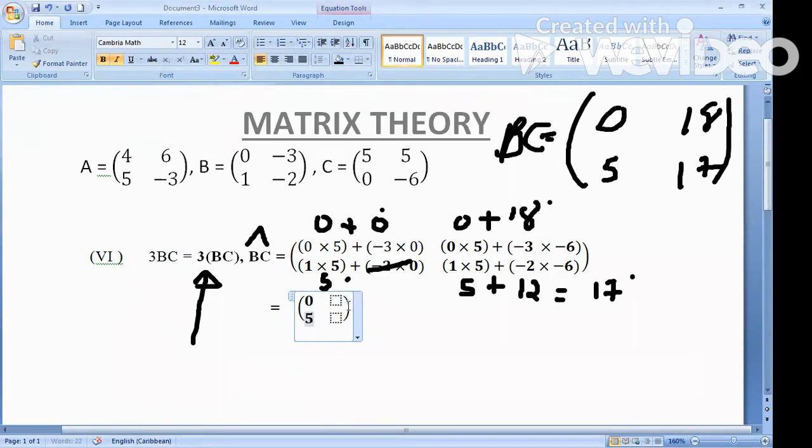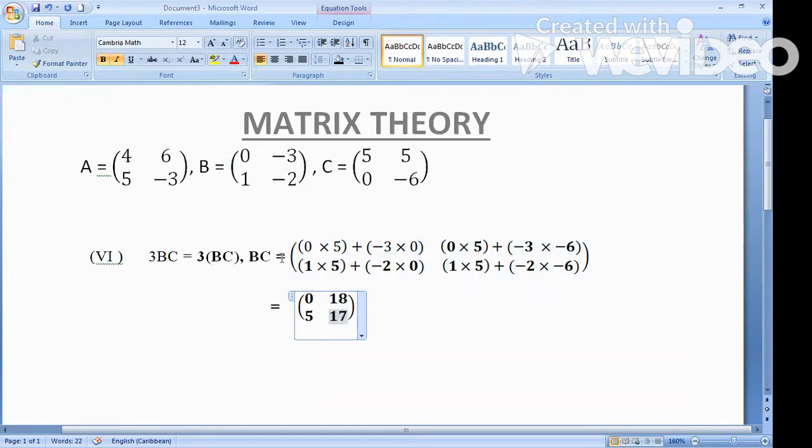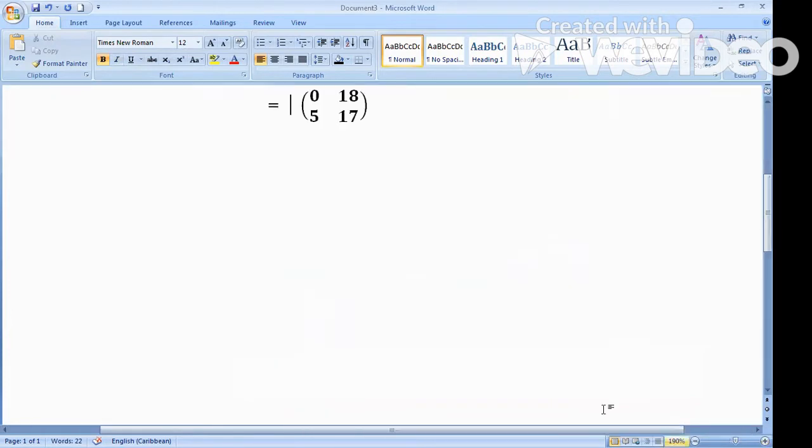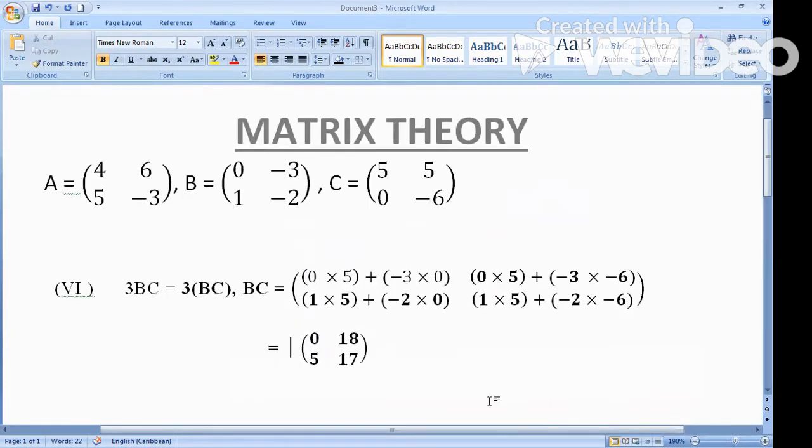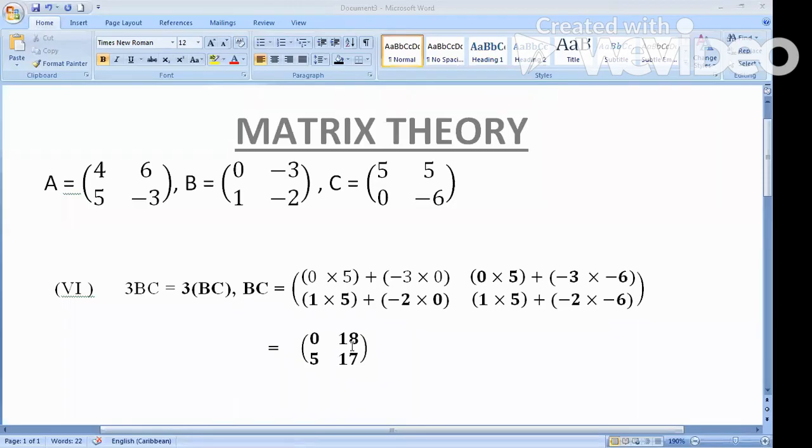So it's 0, 5, 18, 17. But then, guess what? You're going to times the 3.